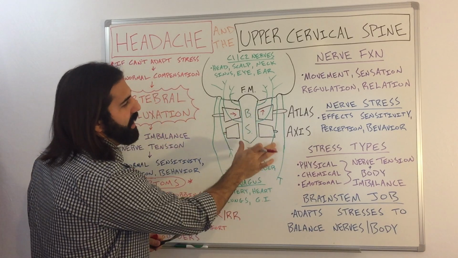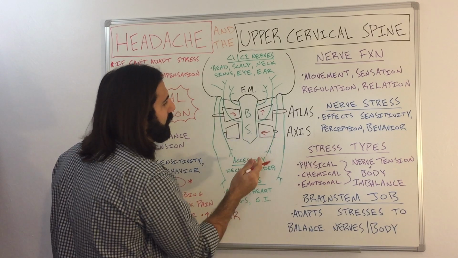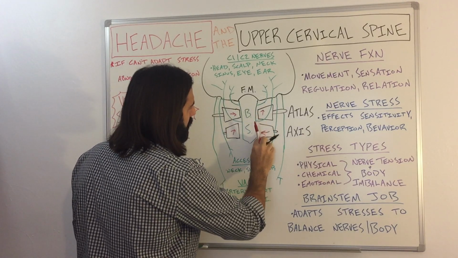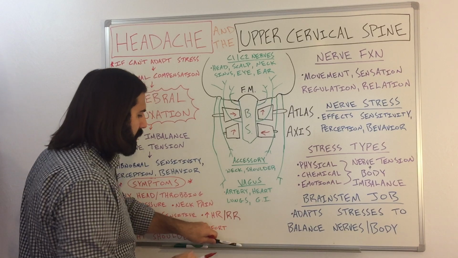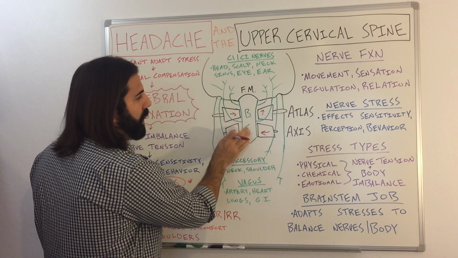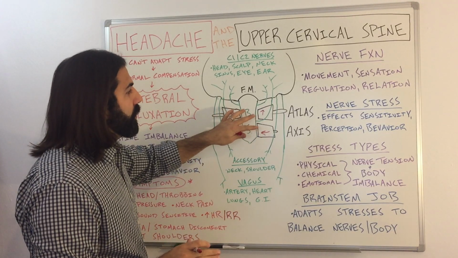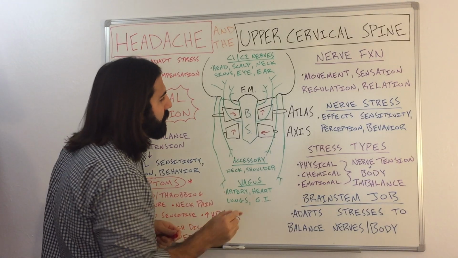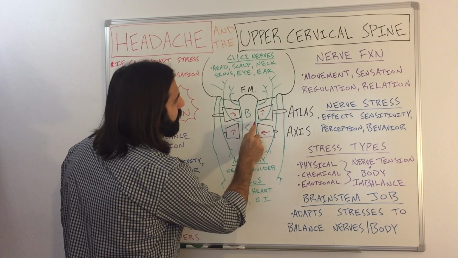Then we'll also have the axis bone imbalanced to the left and rotate forward on the left. We can see when the spine imbalances, it gets real close, and it alters its relationship to the brainstem and the nerves that are surrounded. And what that does then is it creates nerve tension.